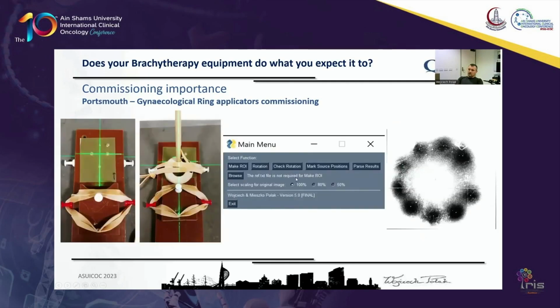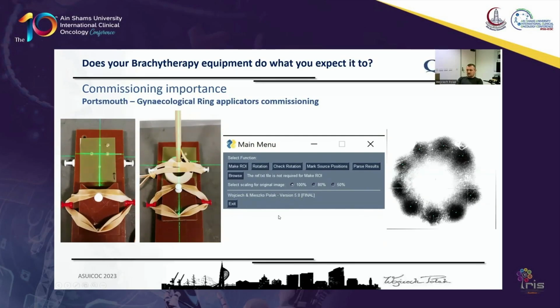So what we did when we were commissioning our ring applicators recently, we created a jig that was quite precisely manufactured. That is a prototype in the images here, but it still was very precisely made, and it allows the orientation of both the applicator and the film, to make sure that we know the orientation of the film with respect to the applicator.